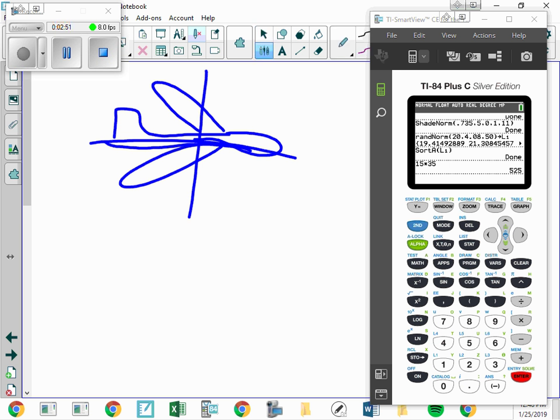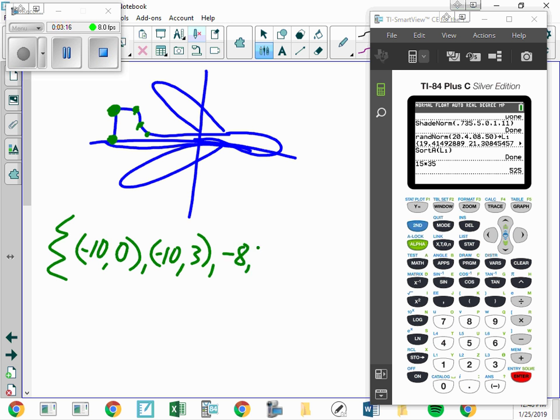So every one of those corners has a point. So the set to draw the airplane would be like (-10, 0). And then the next one would be (-10, 3). Right, that's that one. And then the next point would be (-8, 3).